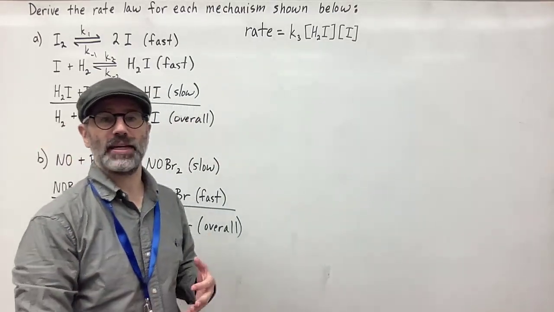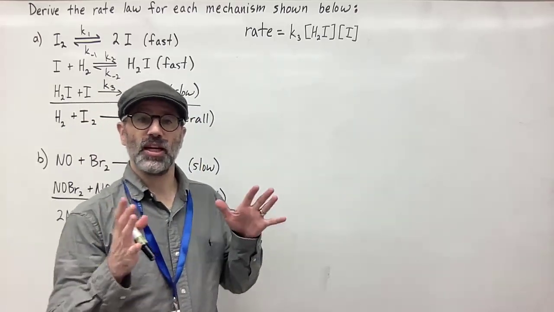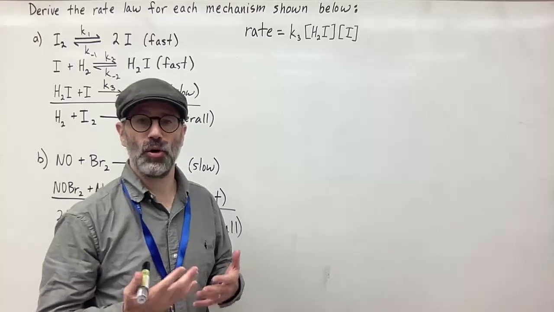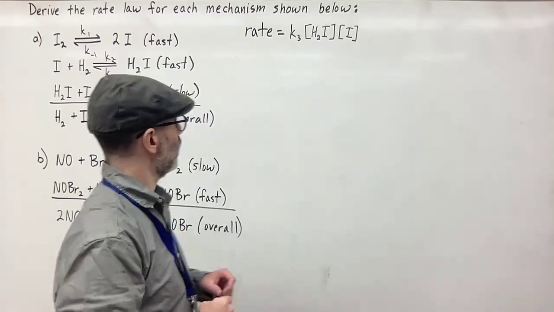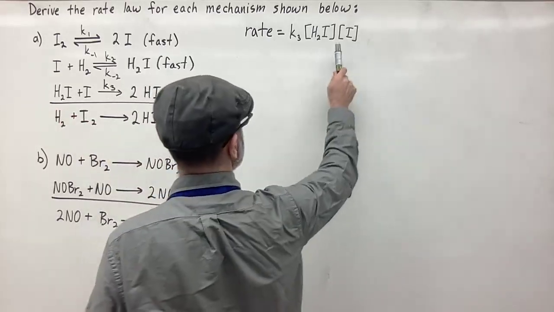It's just going to be the rate equals the k value times all of the reactants raised to their stoichiometric powers. Here we have coefficients 1 and 1, so they're raised to a power of 1.